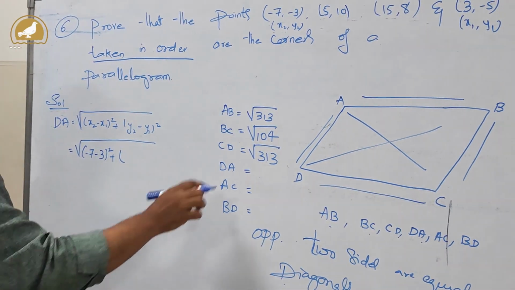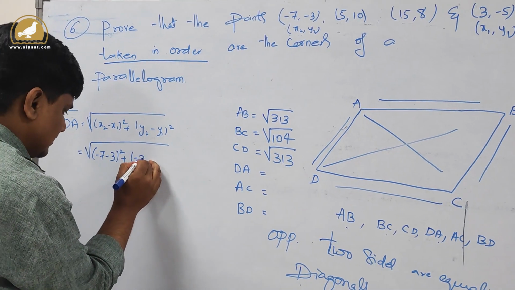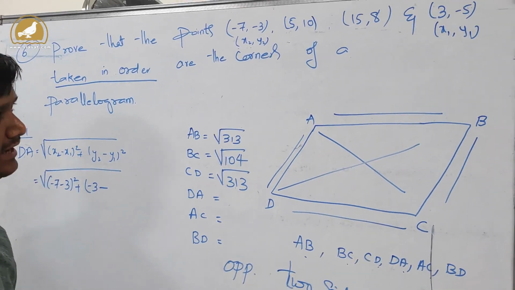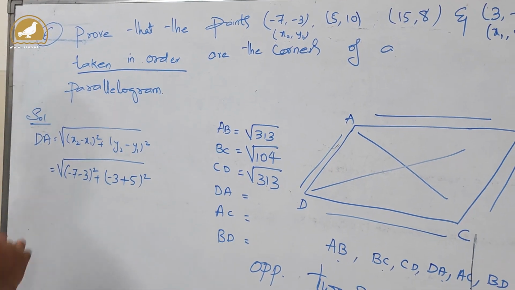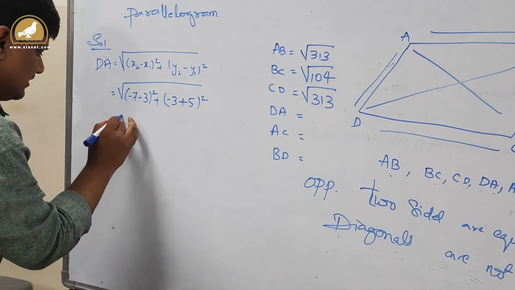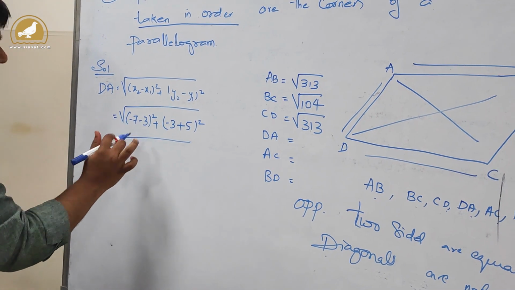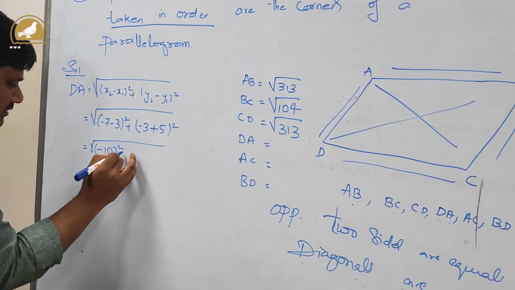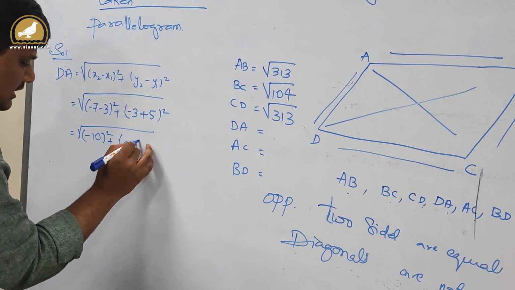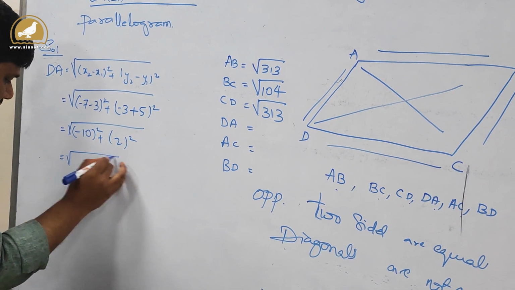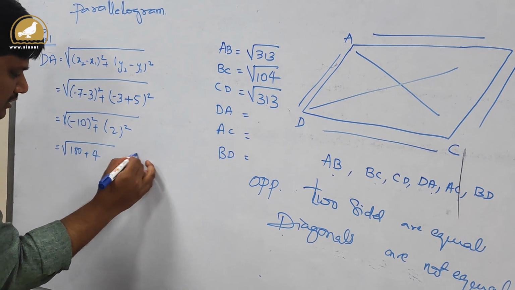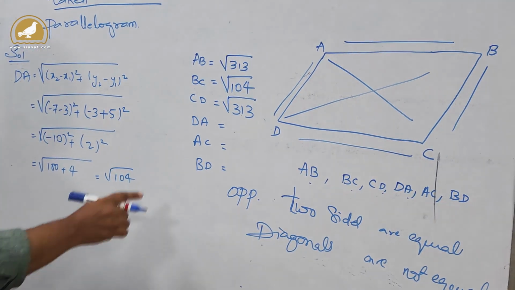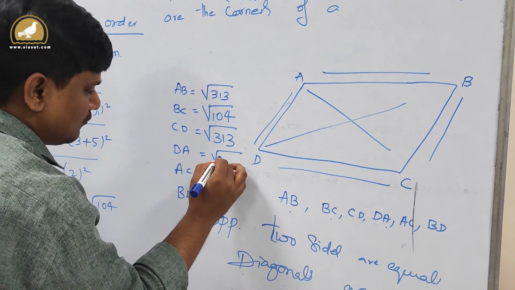The value of y2 is minus 3, formula minus, and here it is minus 5. So minus of minus, plus 5 whole square. So this will be minus 10 square plus 2 square. This is 100 and this is 4. This is 104. So we got the value of DA as root 104.